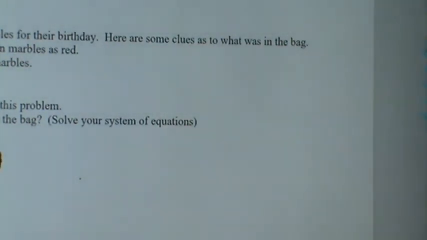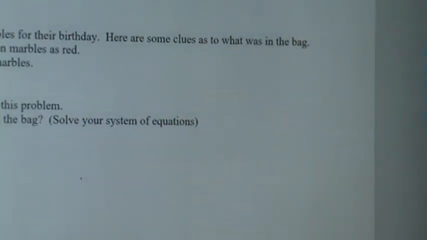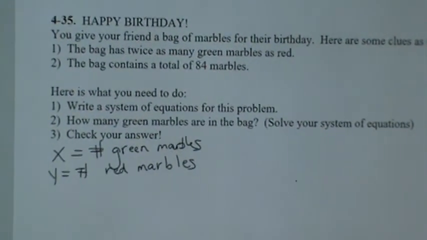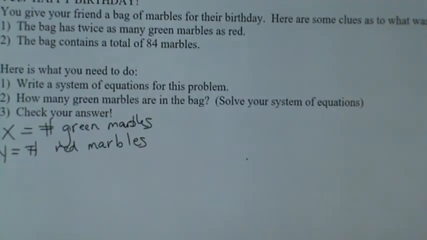And we'll let y equal the number of red marbles. It just helps you think about what's x and what is y. If you want to use green and red, or G and R, you can do that as well.